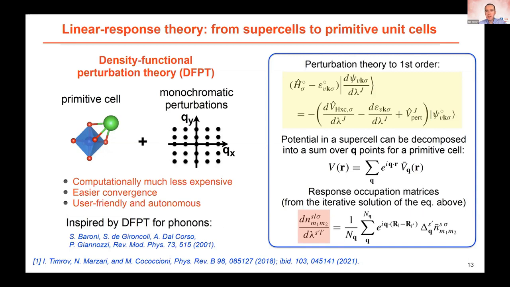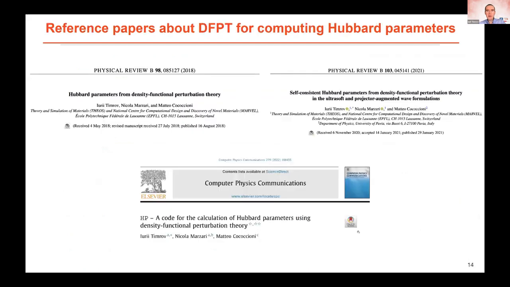So this idea is very general and has applications for many problems. This is just a summary of all this theory. If something was not clear, or you want to go into more detail, take your time. I invite you to check these three papers. The first two are methodological, about the theory. And the last one at the bottom is about the HP code that implements these ideas and is publicly available through the Quantum ESPRESSO package.